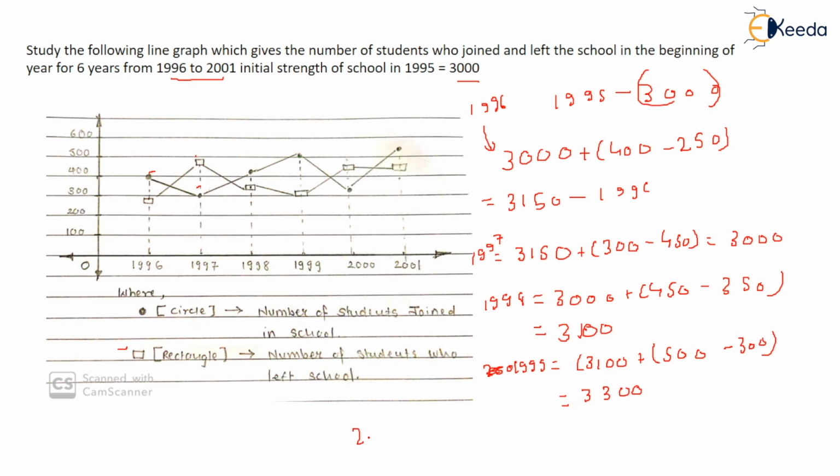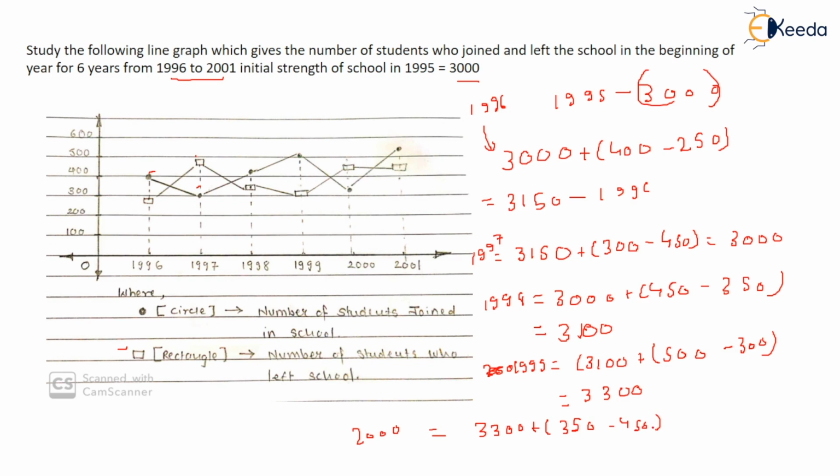Now 2000, in the year 2000, we can see there is a drop. The number of students who joined is 350, and those who left is 450. So 1999 population as it is, and in 2000 we know 350 joined and 450 left.